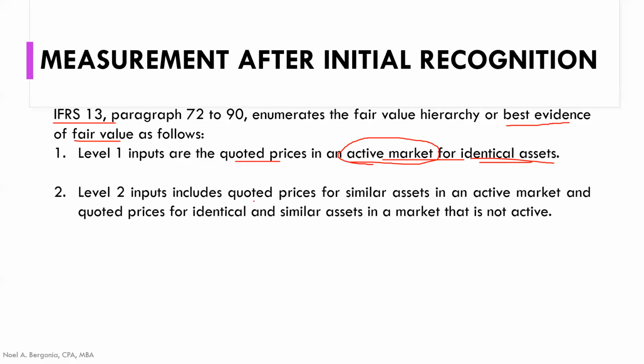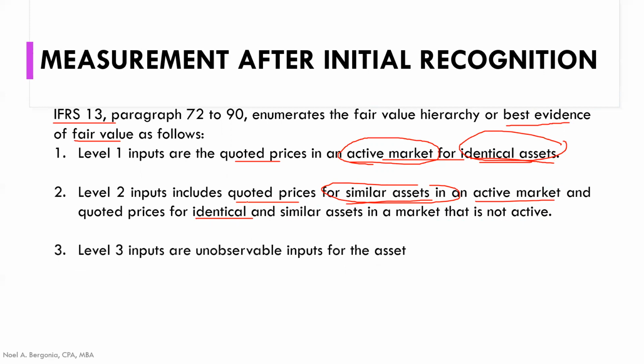So it would be again quoted prices for similar assets, not necessarily identical, in the active market. Baka kasi wala pong active market for the identical asset na yon. So identical muna, then active market for similar. Pag wala pong identical and active market, then you can now use the unobservable input for the asset.